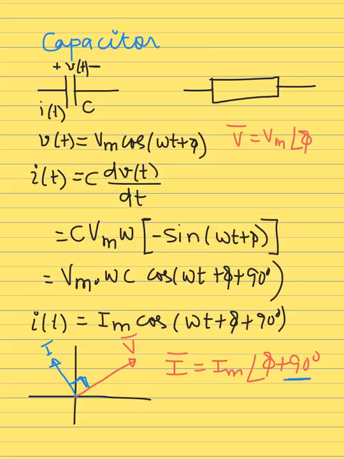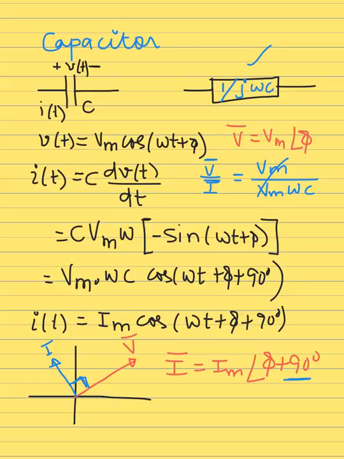Another thing you see is, in order to have the value of this component in here, we're going to have V over I, which is the ratio of voltage to current, both in phasor form. So that's Vm over Im, and so it's Vm over Vm ω C. Okay, so that gives you this component as 1 over ωC, and of course to represent this 90 degrees it's going to be 1 over jωC.